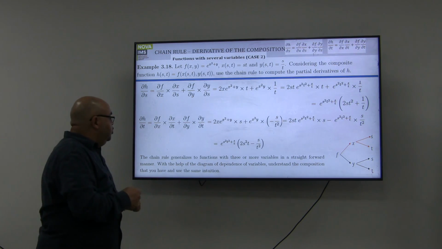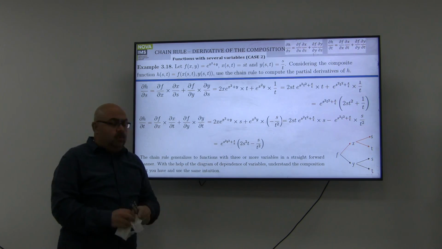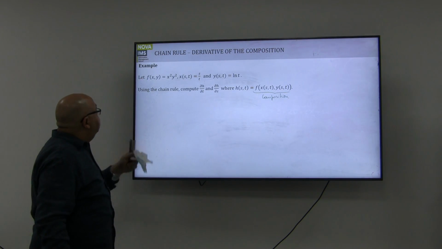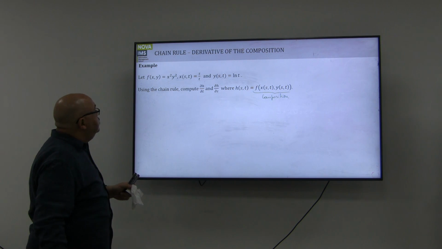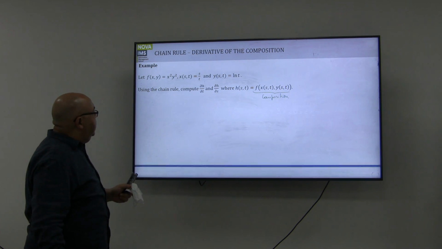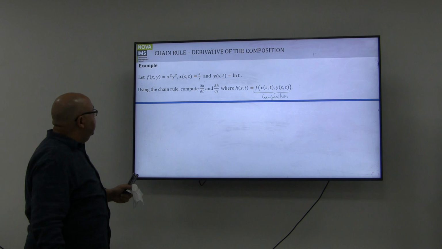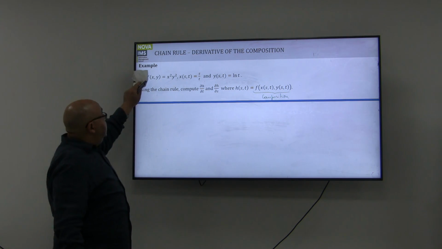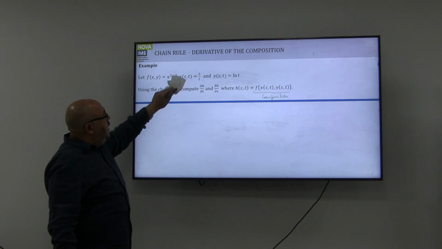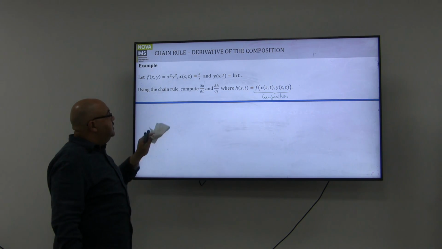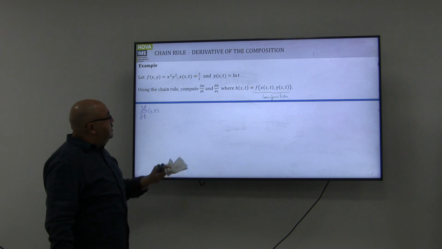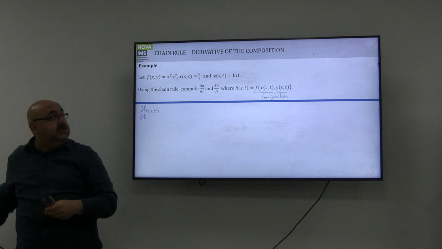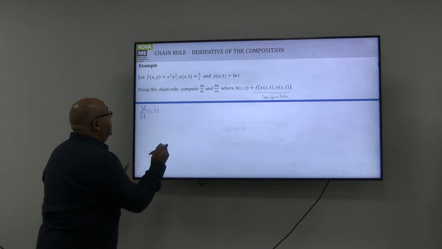Okay. The chain rule generalizes to formulas with 3 or more variables. I think I have another problem with more than 1 variable. I still remember this. So this is f in x squared, y squared, while x is a function in s and t, and y in t, just only t. For this problem, for example, I can write it as the following.